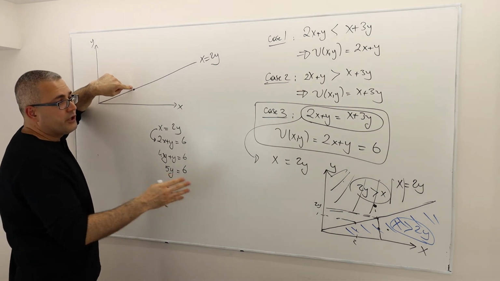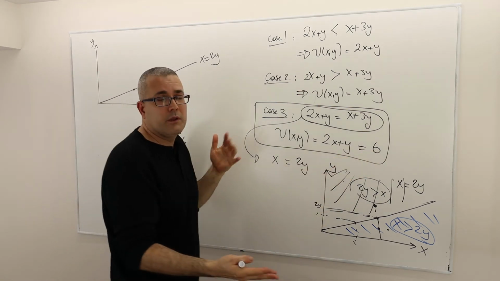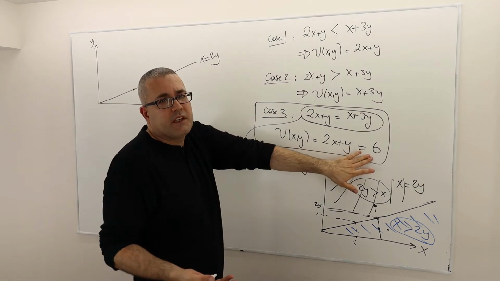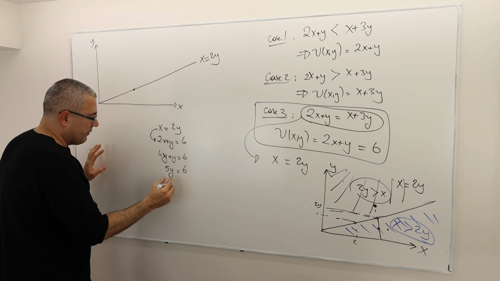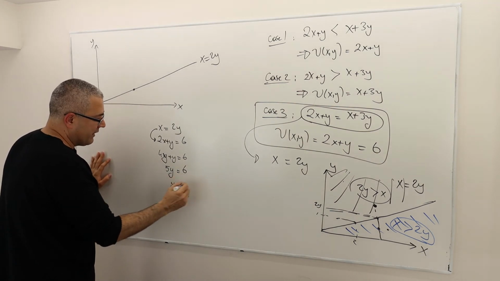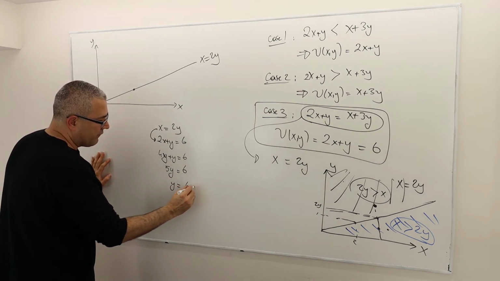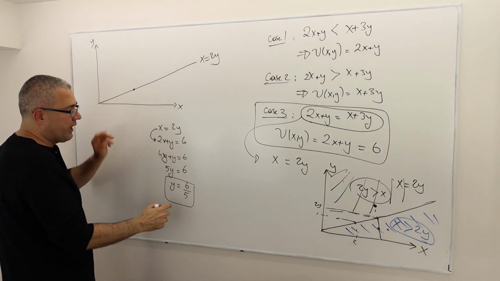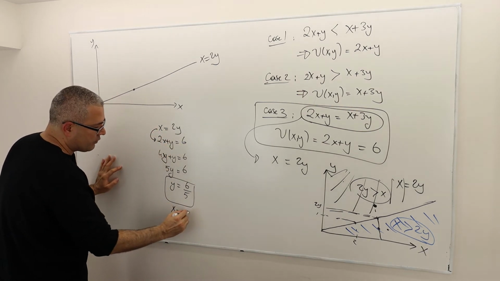If you like, you can change the utility level at this point because none of our calculations depended on 6 here, all right? But I'm not going to do it. Let's leave it as it is. So y is 6 over 5, and therefore x is 2 times y, so x is equal to 12 over 5.